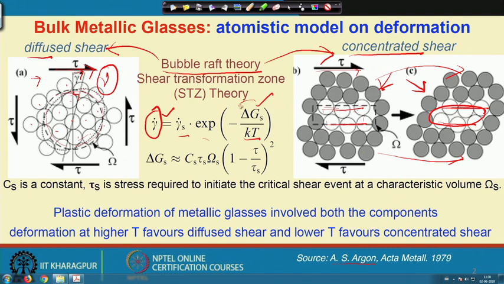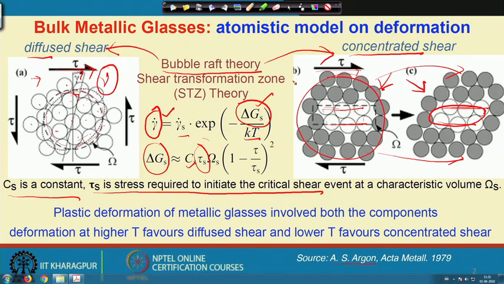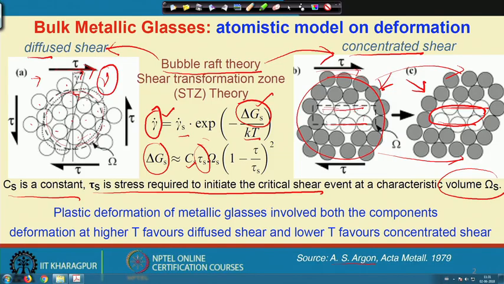However, this particular term, the activation energy of the shearing event, is linked with a constant C s, and tau s is the critical stress that is required for the shear to occur, and the cluster of atoms which gets activated during the shearing process has a characteristic volume, the net volume of this cluster, that is omega s.